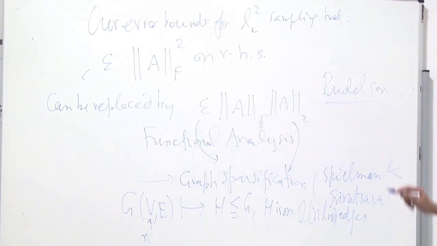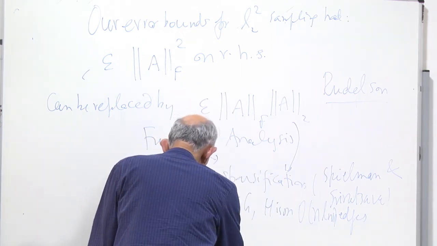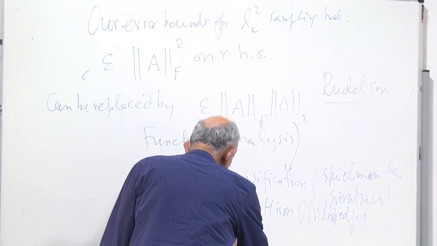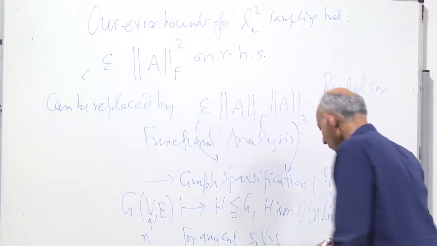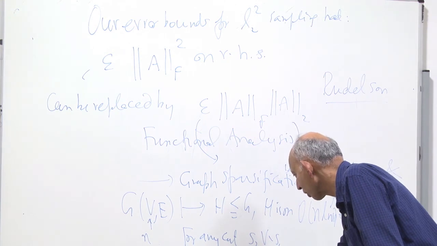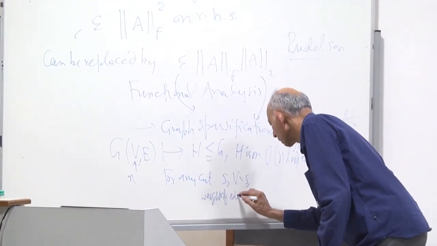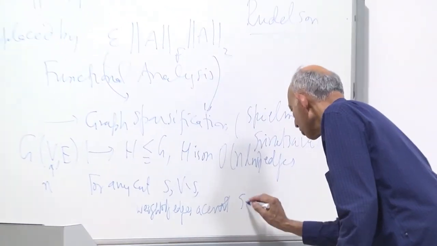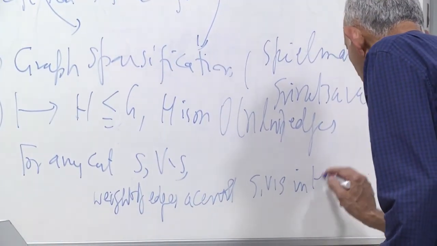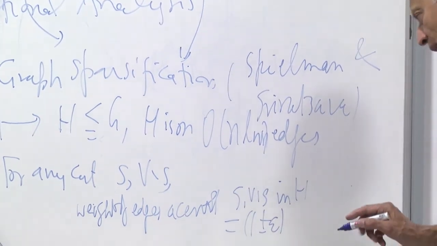And it has the property that every cut in H is roughly the same as every cut in G. So for any cut S versus V minus S, the weight of edges across the cut in H is within 1 plus or minus epsilon of the same thing in G.